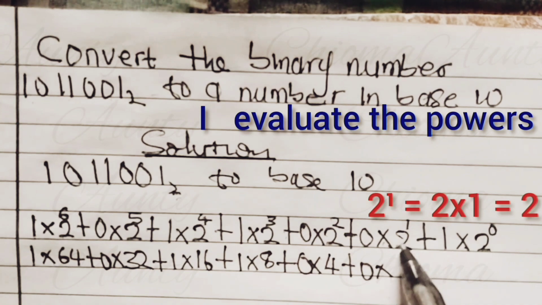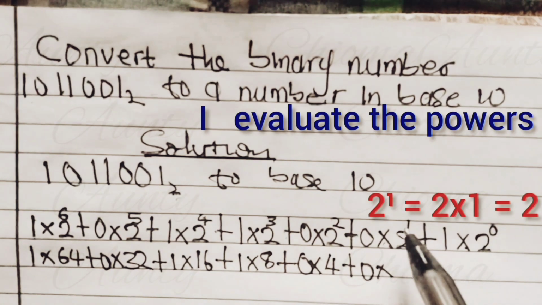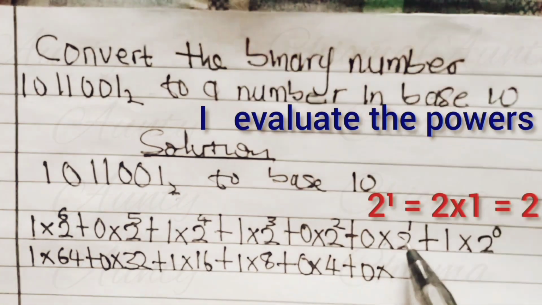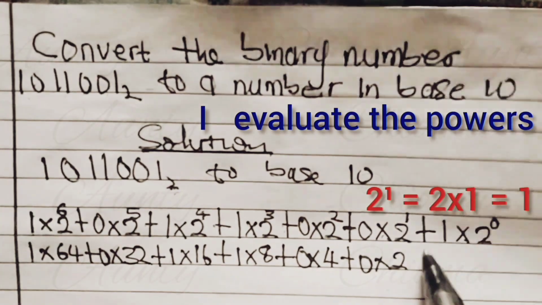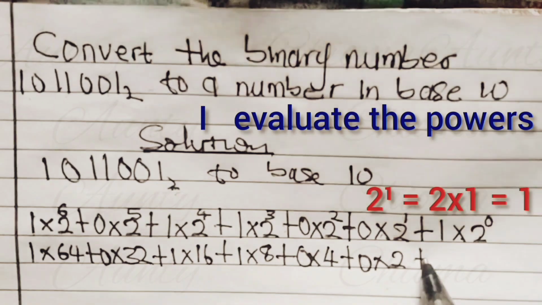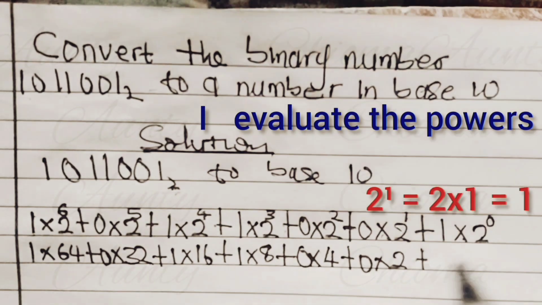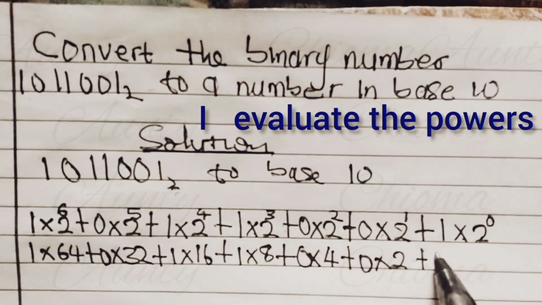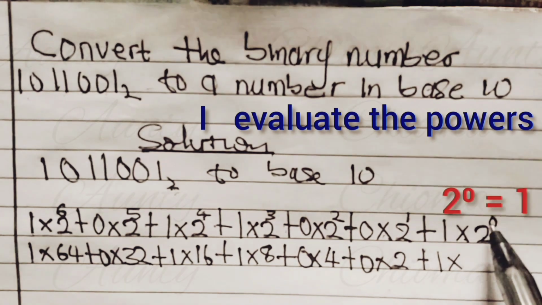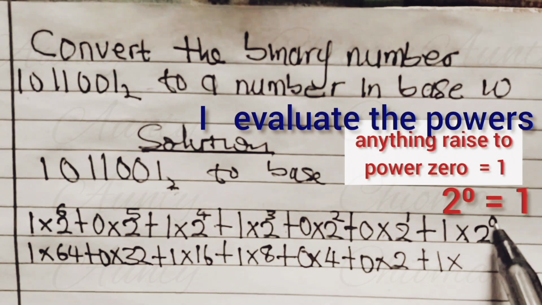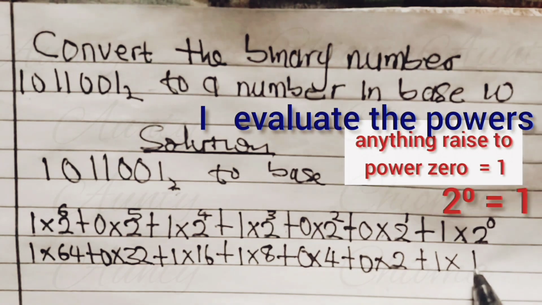Also, anything raised to power 1 is still the same number. So write 2. Finally, plus 1 times 2 raised to the power 0. Anything raised to power 0 is 1.